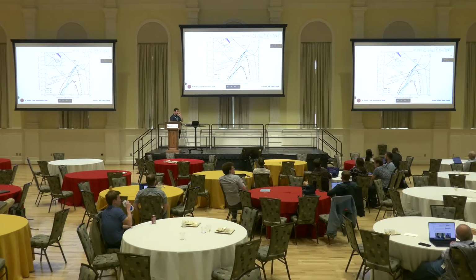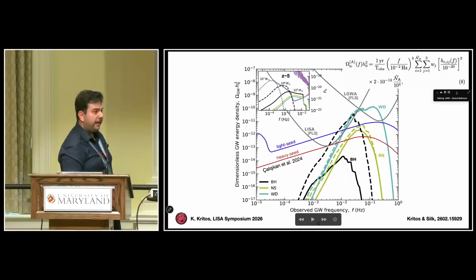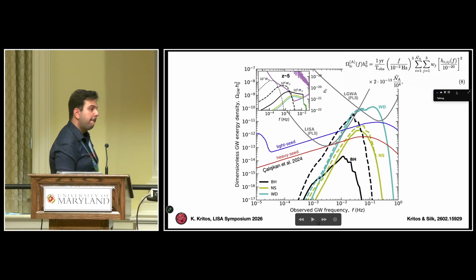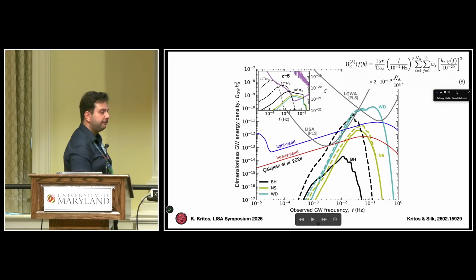How much trouble are we in if that background sticks up where it does for the white dwarfs? Like, that's blending into the white dwarf background in our own galaxy, right? I think that's at a higher frequency compared to the other background.